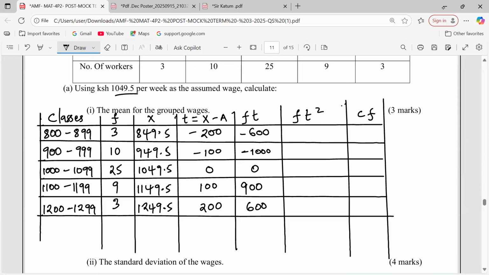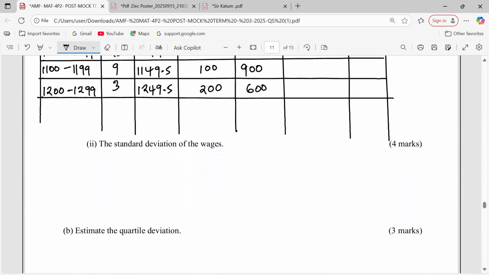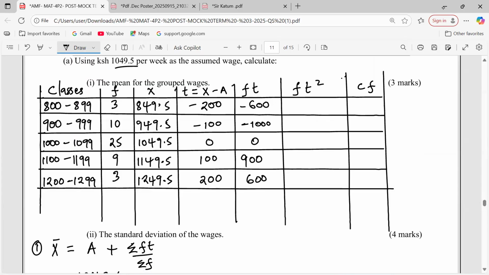Now we proceed to work out part 1. Let me work out Roman 1 here. Mean is usually given by assumed mean plus summation of FT over summation of F. So here we'll talk about 1049.5 plus summation of FT over summation of F. Now, when we add up FT here, we shall be getting negative 100.